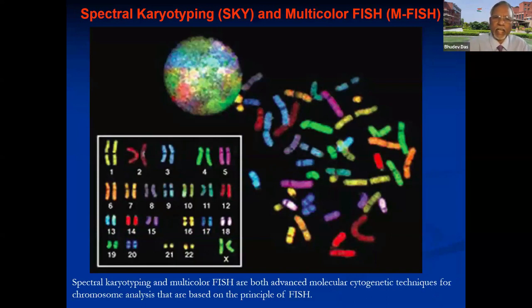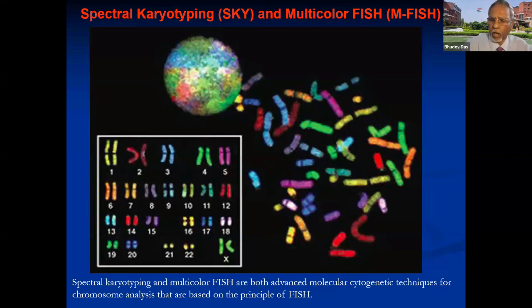Then there is spectral karyotyping represented with multicolor. You can do wonders. Each chromosome pair has a different color. You can have more than 20 colors, and it is because of the human genome sequencing that you can have the genome and the genes particular for that chromosome or that particular region, or deletion or other defects.